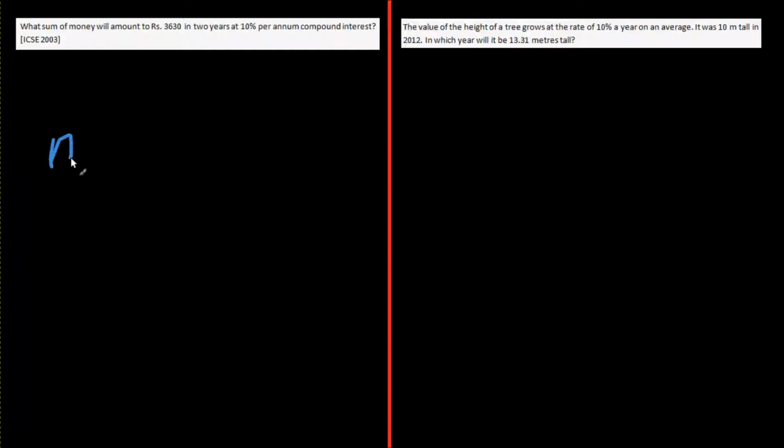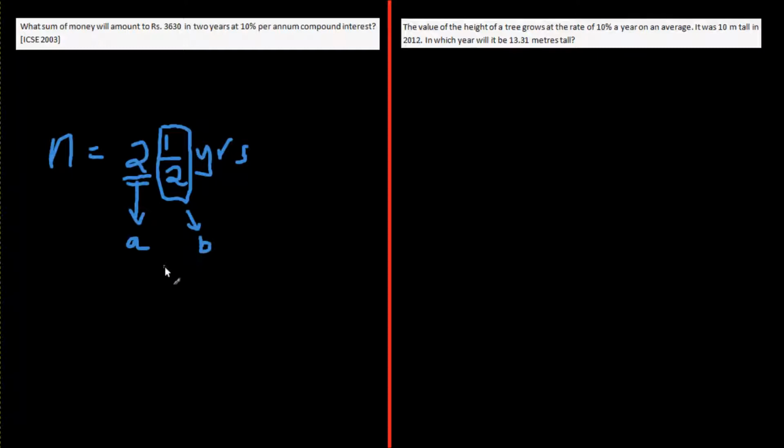If the n is given as say 2 1 by 2 years, what you do is take this part, this 2, and then take this part, take both of them separately. Let this be say a, let this part be b.